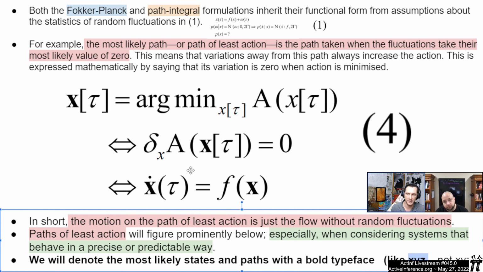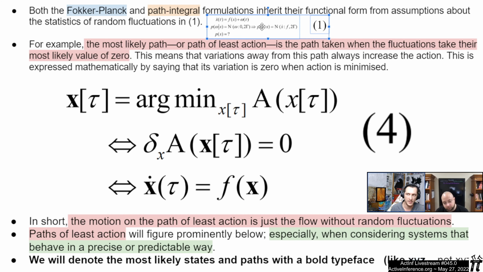And that is going to be related to the change in X through time being just only the flow. So here it was X dot of T equals the flow of X plus a noise term. Here, if the noise term is 0, you can drop it.